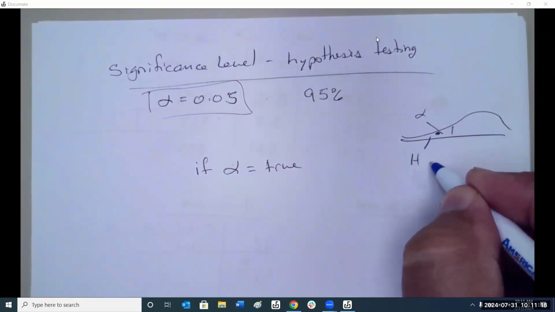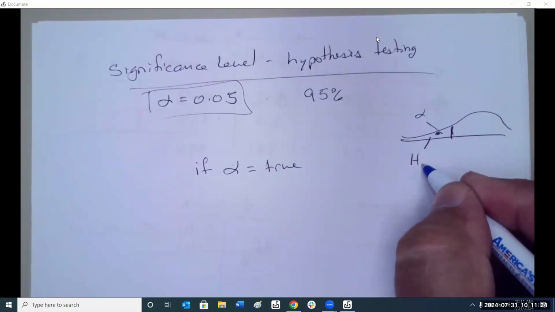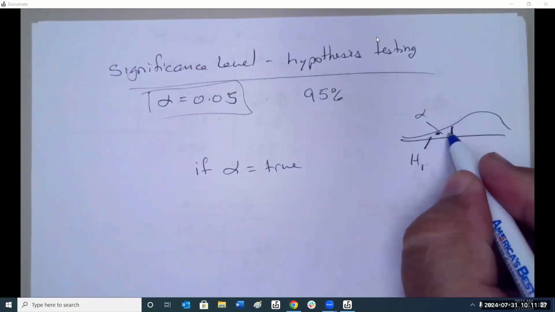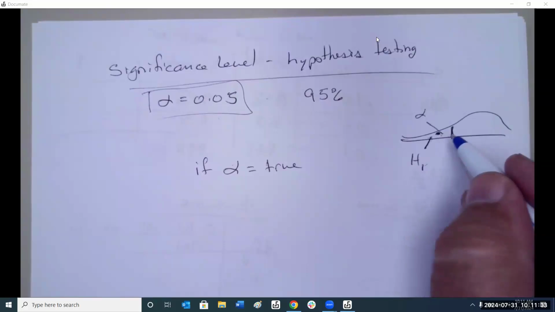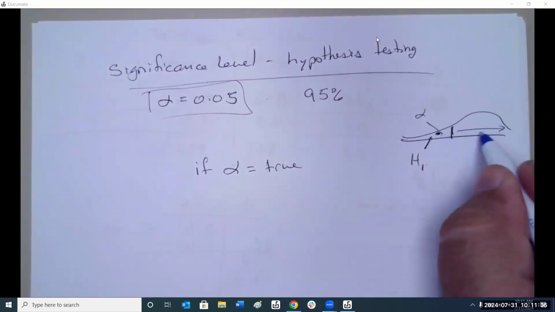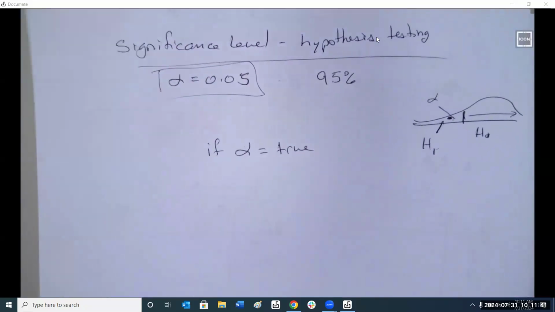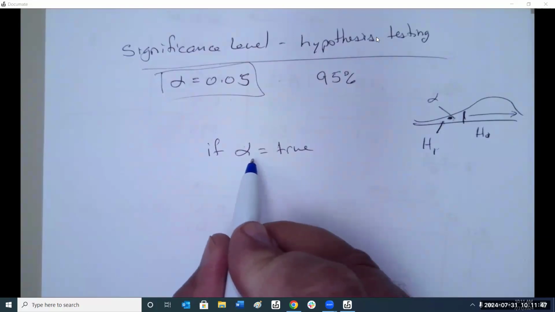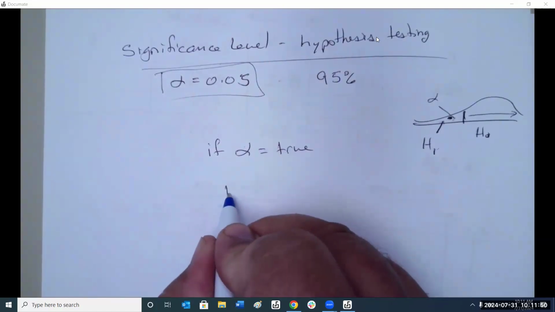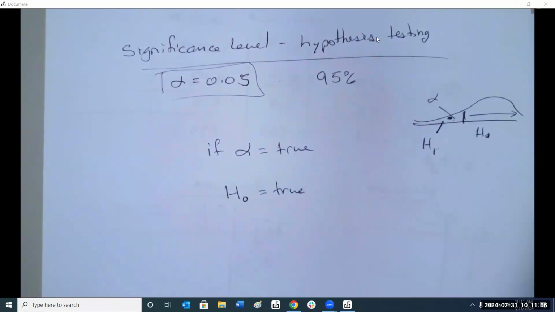No, because what we're looking for is always the tails. Everything here, less than or greater than that, that would be our H0. So if our null hypothesis is true, what does that mean?